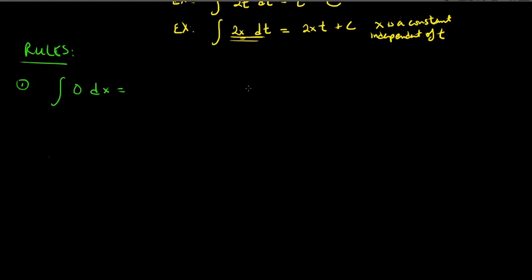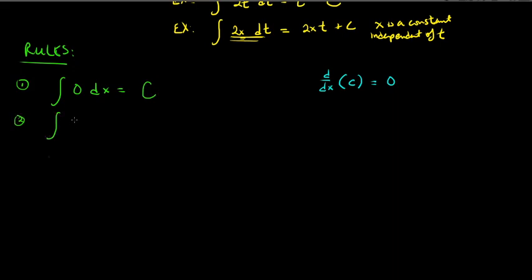What's the integral of 0? Well, what would the corresponding rule for derivatives be? If you take the derivative of any arbitrary constant, c, you get 0. So that tells me that the integral of 0 is just an arbitrary constant, c. Okay?